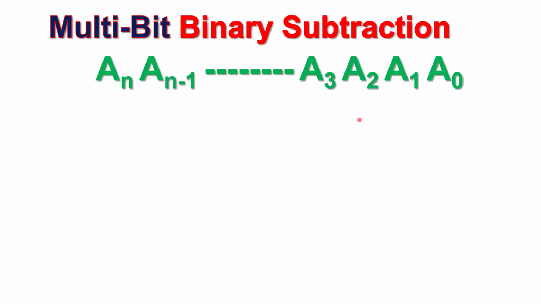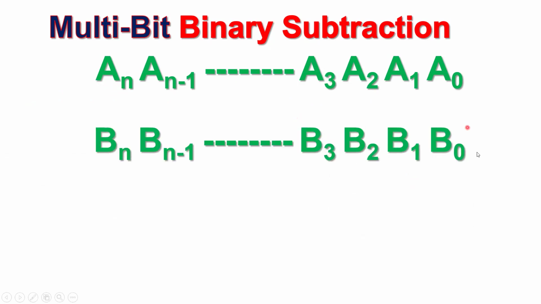So let us say in a multi-bit binary subtraction, you have number A starting with the LSB, that is A naught, and going to the MSB, that is An. You have number B starting with B naught and going to the MSB Bn.